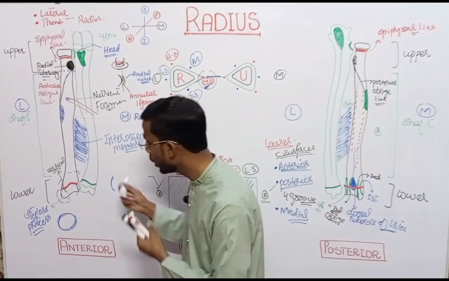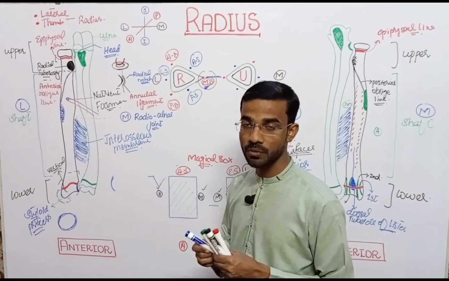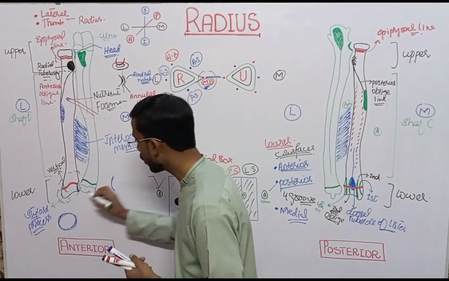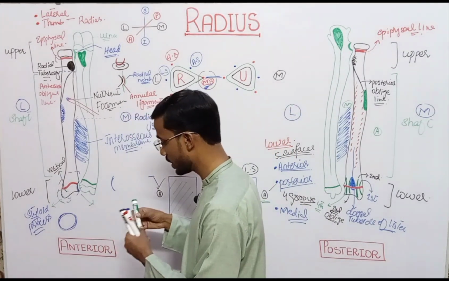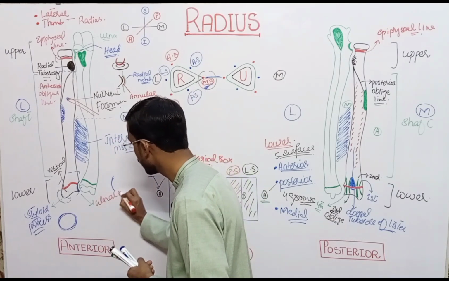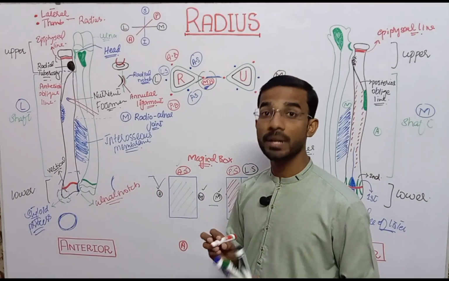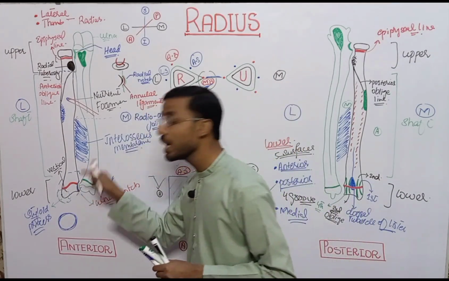At the medial side, you will see a notch. This notch is called the ulnar notch. Why do we call it the ulnar notch? Because the ulnar bone is accommodated in this notch.